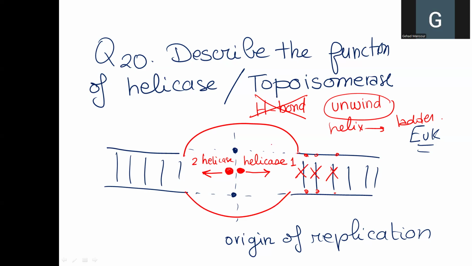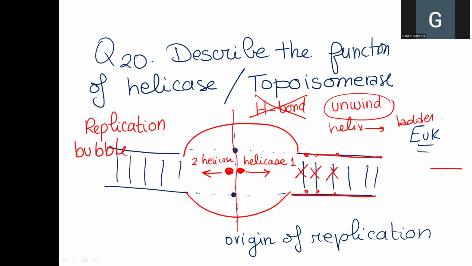When the two strands separate in this segment only, we obtain something that looks like a bubble, and we call this a replication bubble. Each half of the replication bubble, together with the rest of the straightened strand, is called a replication fork, because look at this structure: together with the straightened part of the DNA molecule, it looks like a fork.